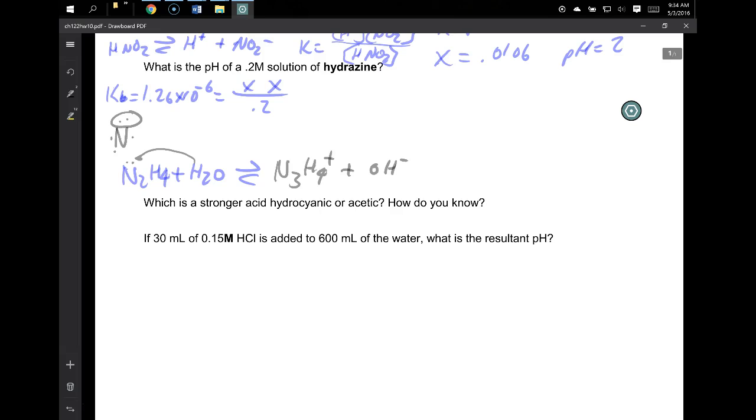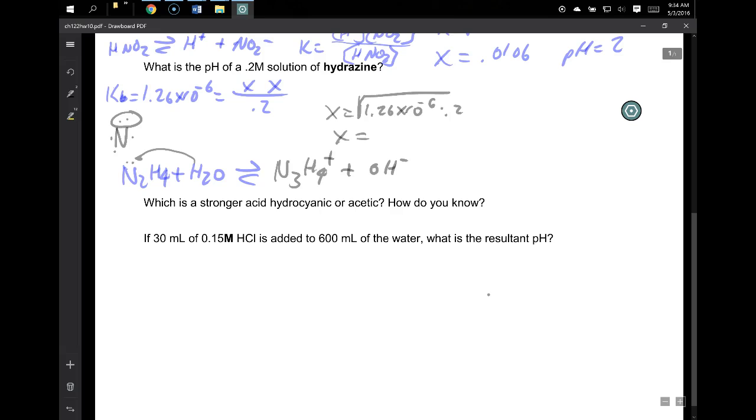All right, and so then if I do the algebra on this one, I get x is equal to the square root of 1.26 times 10 to the negative 6 times 0.2. X is equal to 0.0005, negative log of that.